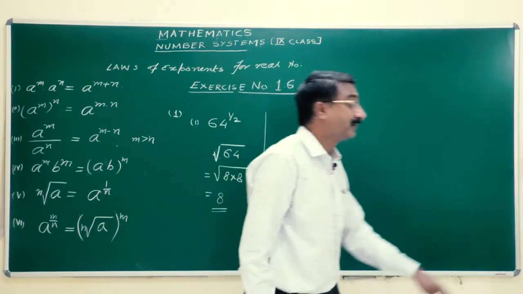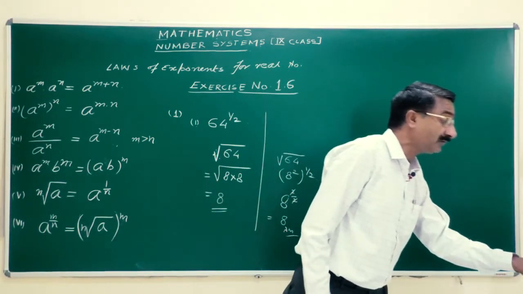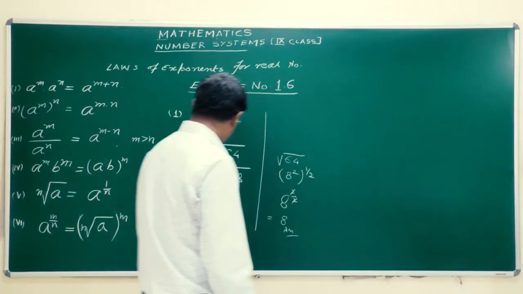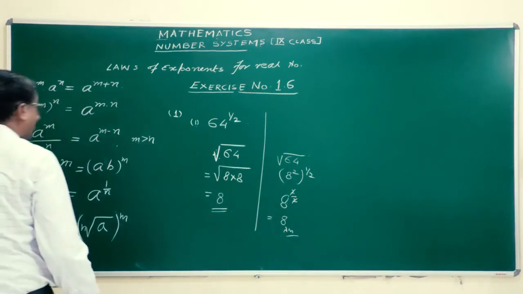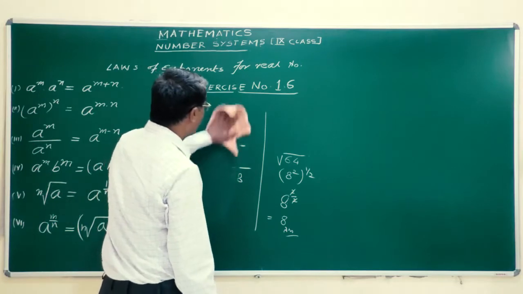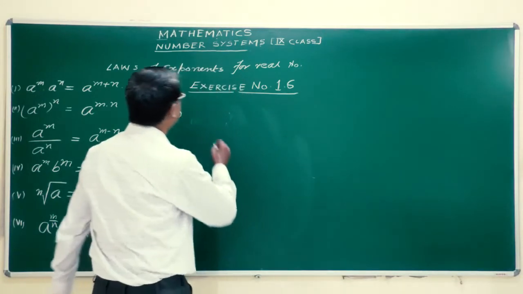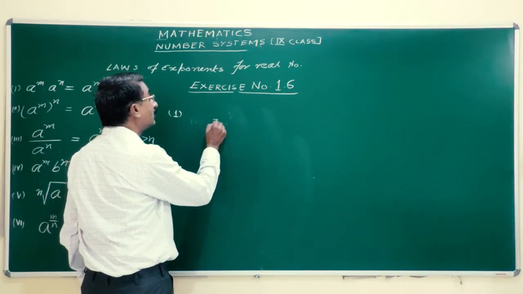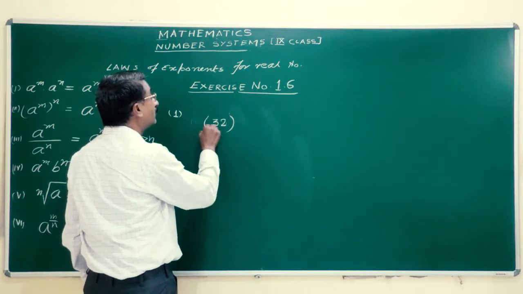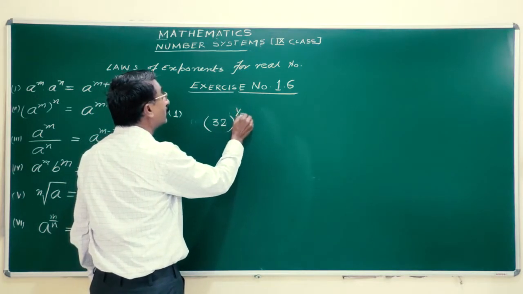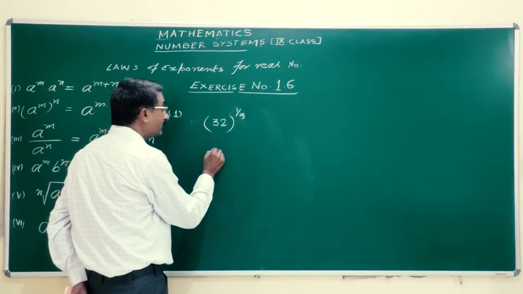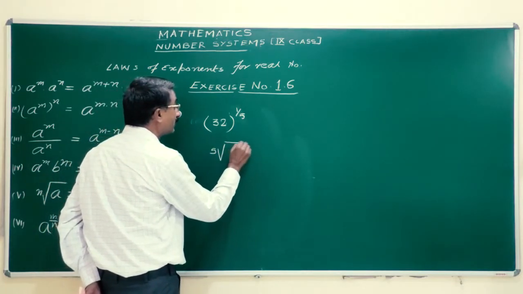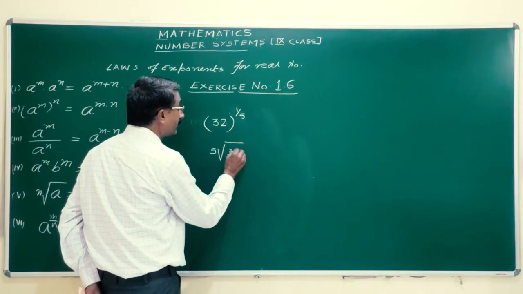Question number 1, second part: 32 raised to the power 1 upon 5. Clear? So again, this is the fifth root of 32.